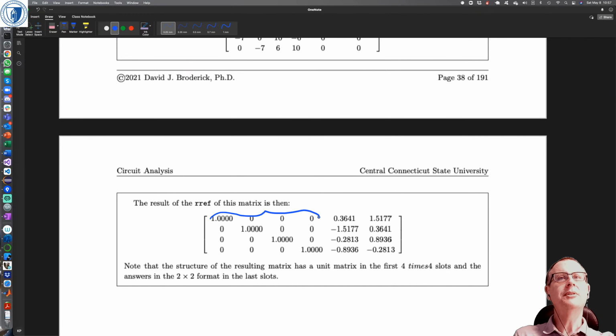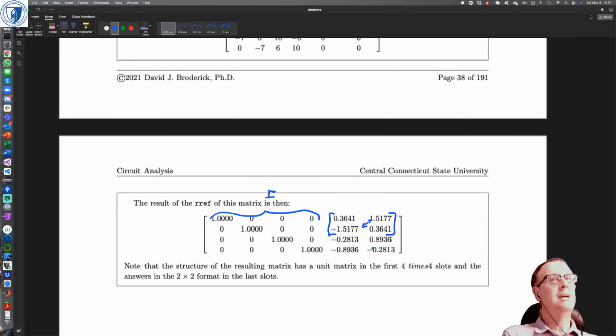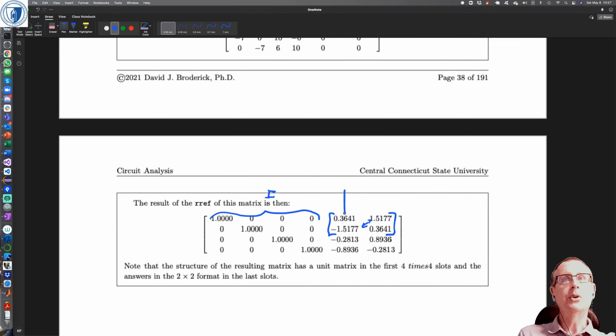The result of rref is still the identity matrix, but now we have the result in two columns, and you should see the same structure, right? On the major diagonal, those two numbers should be the same, and in the off diagonal, those two numbers, one should be the negative of the other. But basically this fifth column is the one that you need. So that's the real part, and that's the imaginary part.